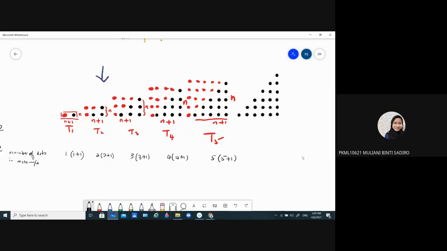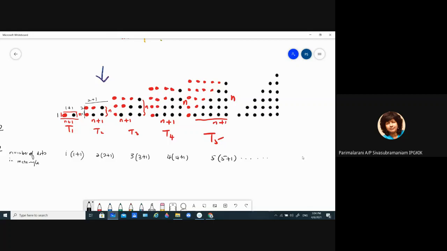Yes. What is term n? How many dots will there be in term n? Can you understand so far? Yes. For term 1, n is equal to 1, so this equals 1 into (1 plus 1). Term 2 is 2 into (2 plus 1).